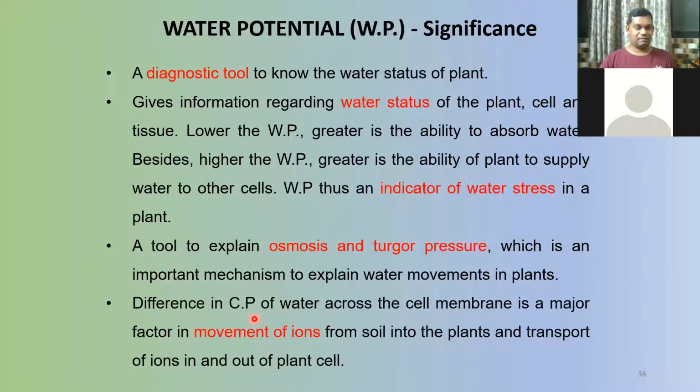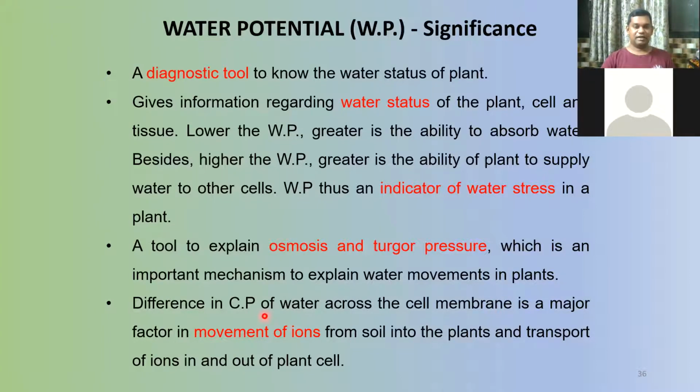The difference in the chemical potential of water on one side of the plasma membrane and on the other side, that means inside the plant cell and outside the plant cell, is the major factor because of which there is movement of ions from the soil to the plant or from the plant cell to the soil.